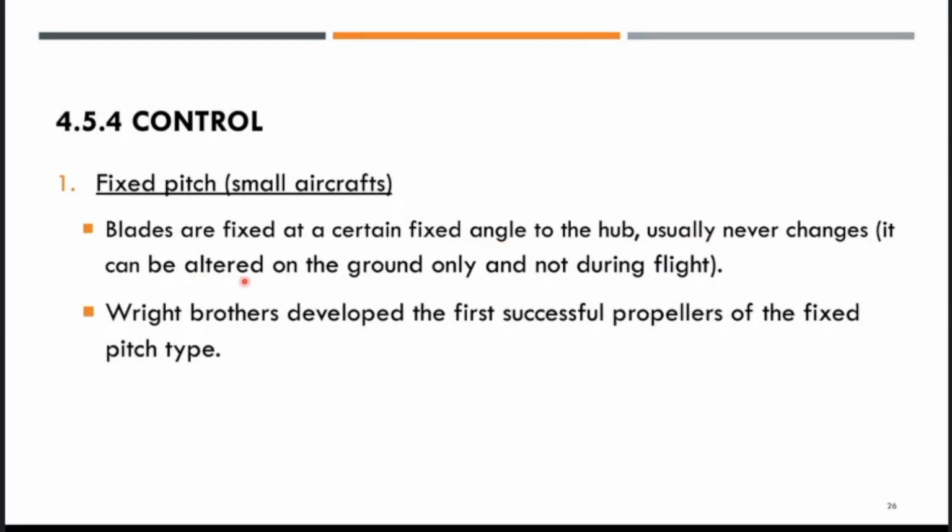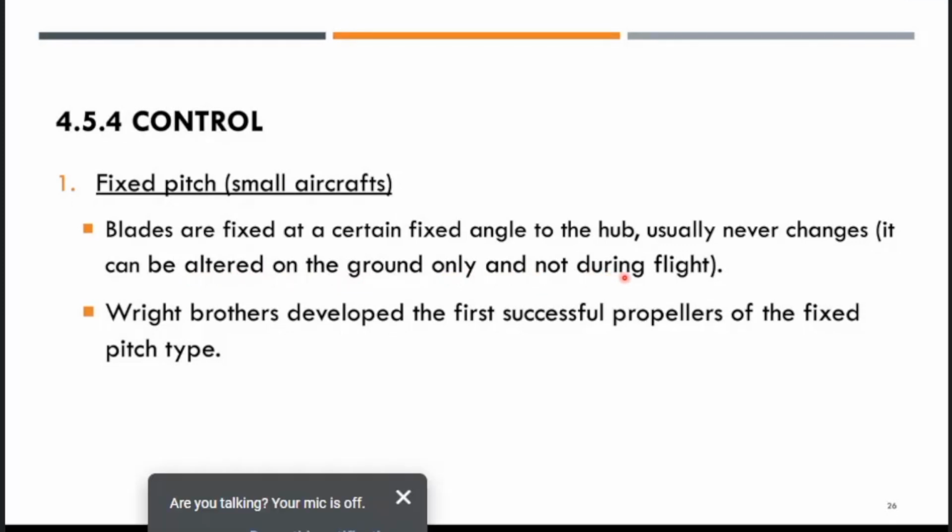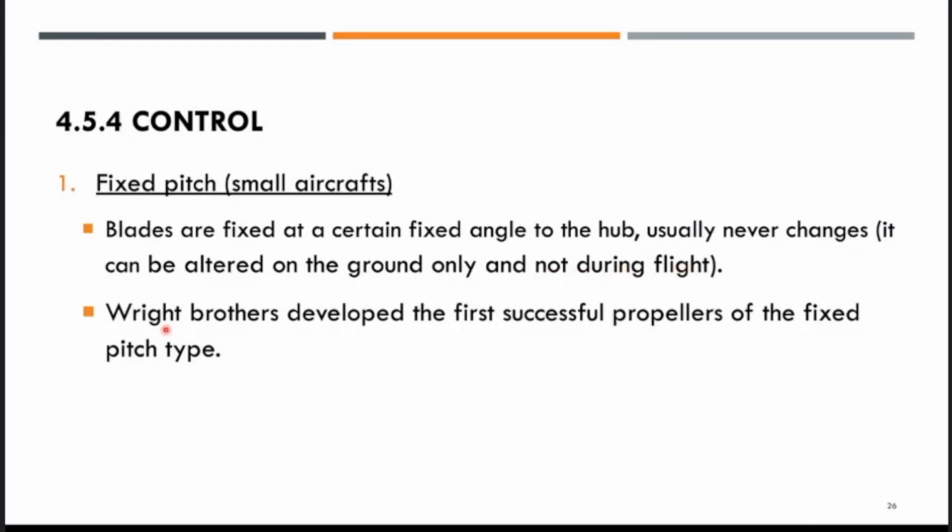It can only be altered on the ground and not during flight. So this is a limitation for the fixed pitch type of propeller. And we can see here the Wright brothers developed the first successful propellers of the fixed pitch type.